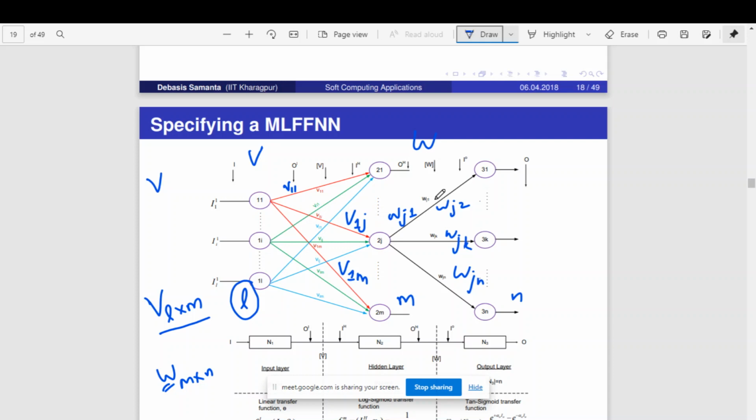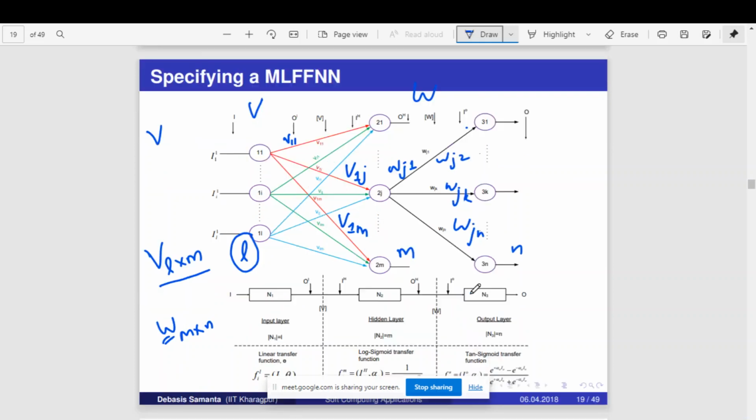V is also a weight, W is also a weight. But what's the difference? V is the weight between the input layer and the hidden layer. W represents the weight between what and what? Yes, W represents the weight between the hidden layer and the output layer, and that is represented by a matrix of size M cross N.